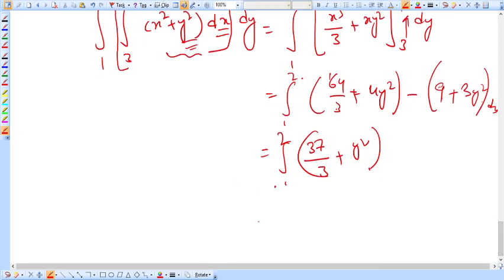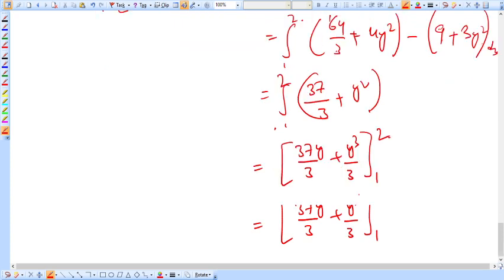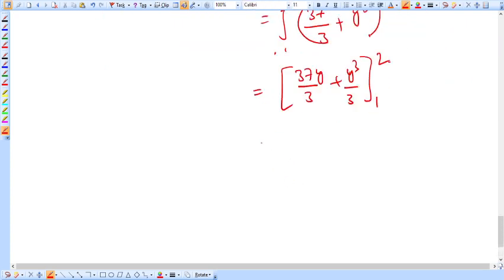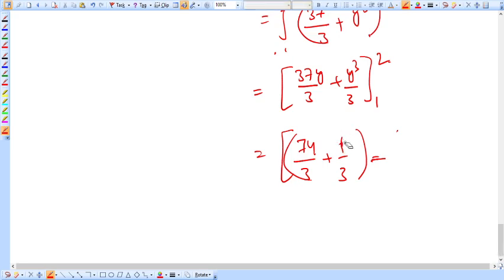Okay, so after this you integrate this. You will get 37 by 3 y plus y cube divided by 3, and the integration is from 1 to 2. Okay, so after this it would be equal to 37 by 3 plus 1 by 3, minus, okay, it would be 2. 37 multiplied by 2, which is equal to 74, right? Minus, it is 8. What am I doing? It is 8.